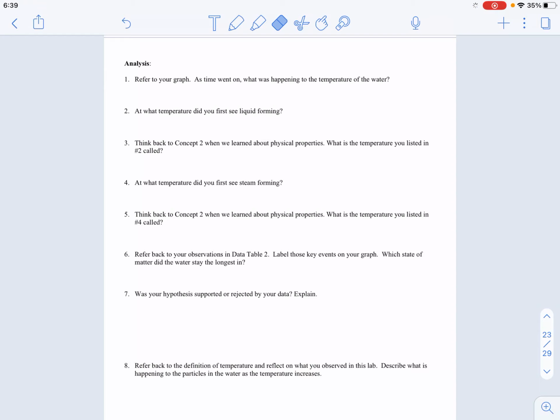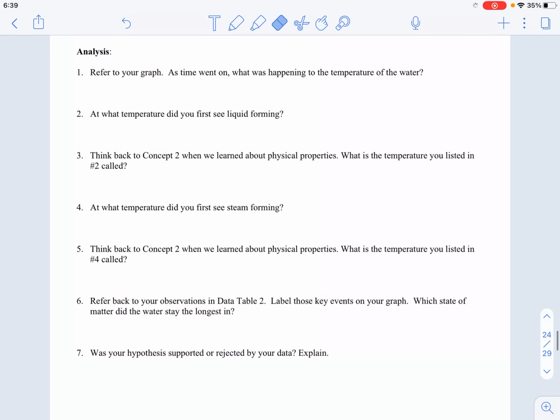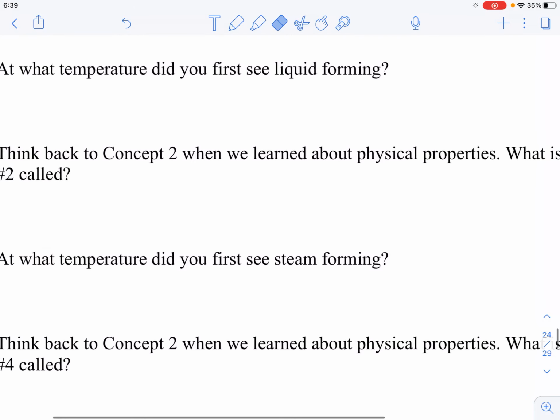And then what temperature did you first see steam? Oh, sorry, never mind. Number 3. What is the temperature that you listed in number 2 called? So let's see. Oh, that just is the melting point there for number 3. Sorry, that's maybe worded really weird.